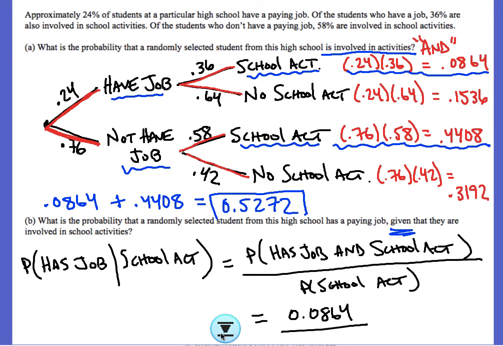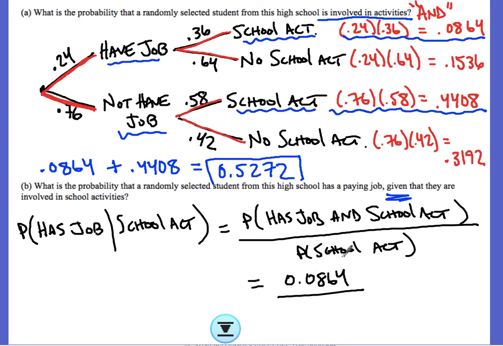And the probability of being in a school activity, that is what we found in part A. So we already found that in part A. That was our answer to part A, 0.5272. And when you divide those two things, you're going to get 0.1639.